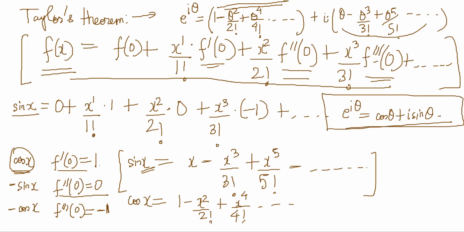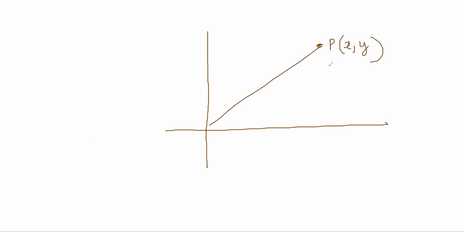So now remember, we'll track back to our complex number. This point P(x, y) was written as P(r cos theta, r sin theta), right? And Z was written as, here this distance was r and this angle was theta. The angle theta in the polar coordinates is drawn from the positive x-axis.